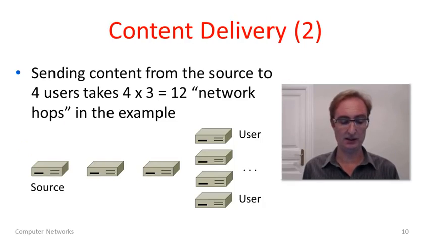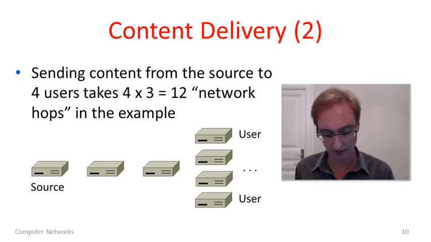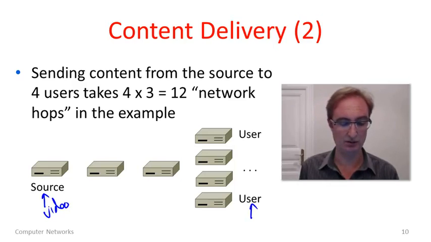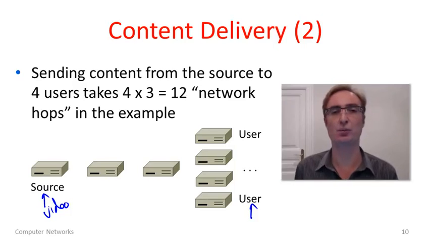Okay, so here's a content delivery scenario. Let's just imagine that we don't use replicas first. We have our 4 users over on the right hand side, and we have our source. This is where the video is. And we want to send it to all of the users. As a measure of work, we're going to use network hops, sending the video across each individual hop of the network.